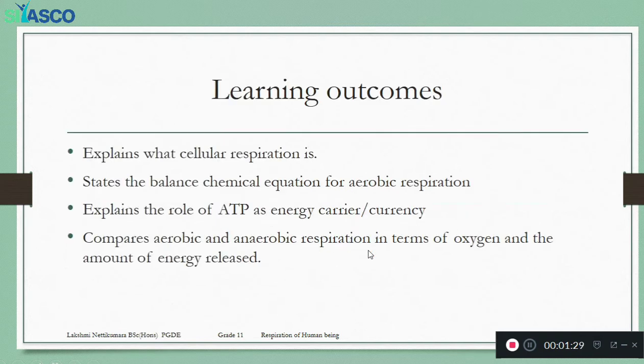At the end of this video, you should be able to explain what cellular respiration is, state the balanced chemical equation for aerobic respiration, explain the roles of ATP as an energy carrier, and compare aerobic and anaerobic respiration in terms of oxygen and the amount of energy released. You can gain these learning outcomes at the end of the lesson.